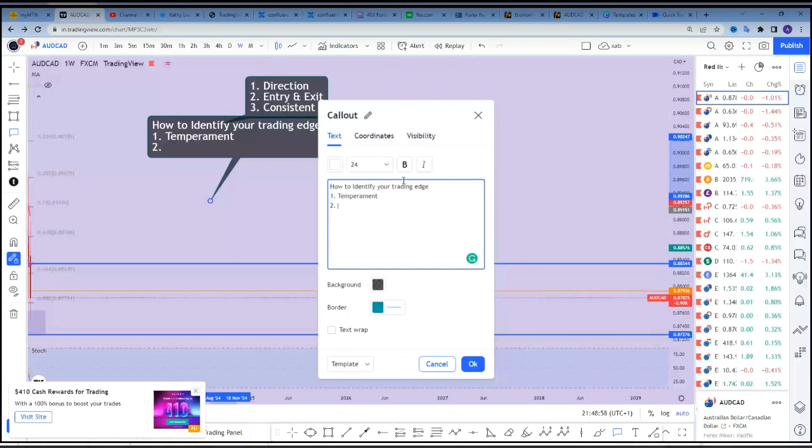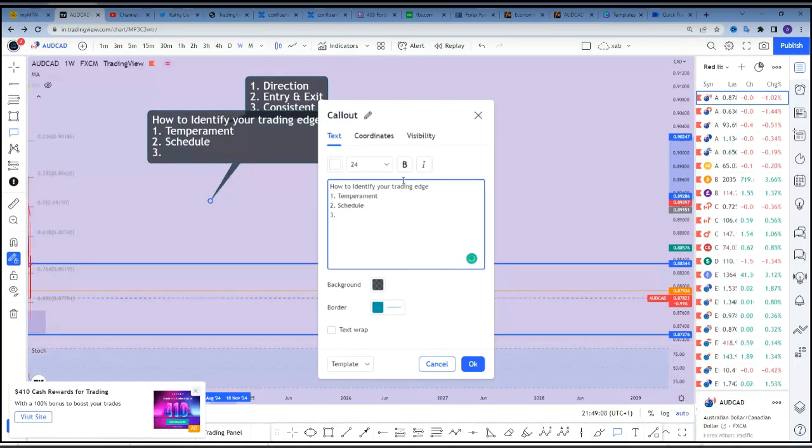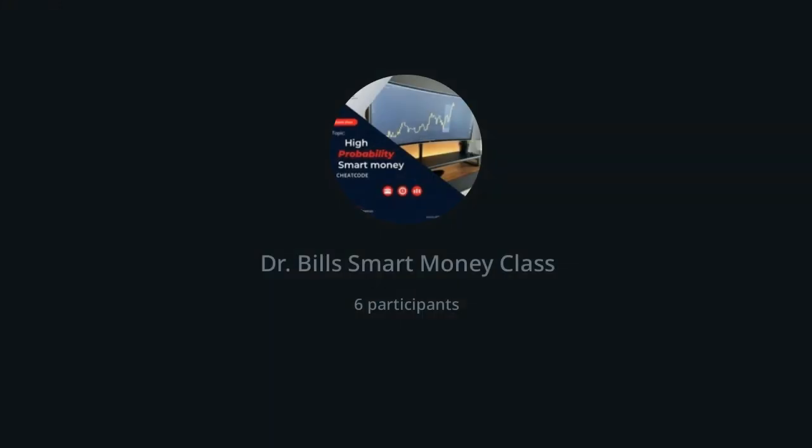You want to be able to know your schedule. This one is really important because many people, especially if currently you're trading part-time, don't have a whole lot of time to sit behind the charts and analyze the market and do a whole lot of figuring it out, refinements and all of these other systems that people talk about.